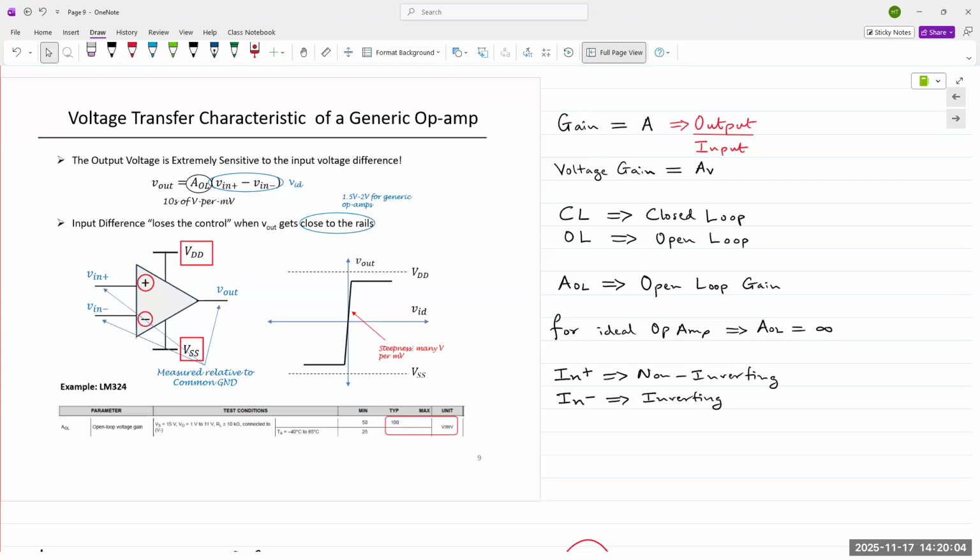So the property of an op amp is that it will amplify the difference between the two input terminals. So it amplifies the differential input voltage at in plus and in minus. Okay, in plus and in minus. Make sense? Okay.